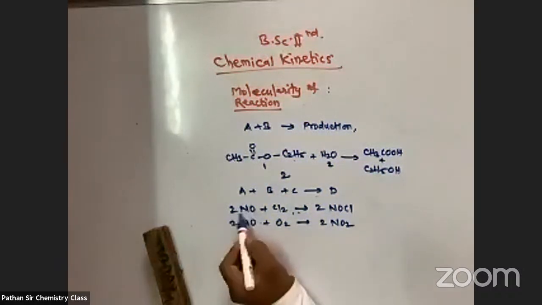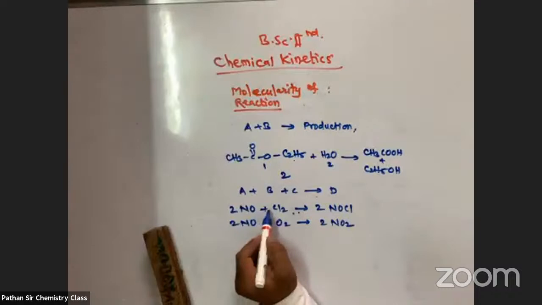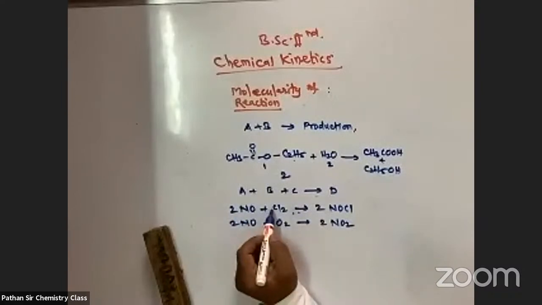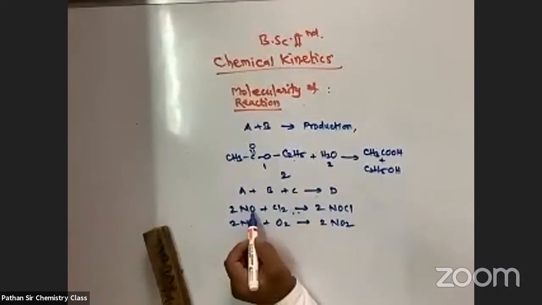Here 2 NO molecules, 1 chlorine, total 2 plus 1, 3 molecules are used. So the number of reacting species is 3. Therefore, the molecularity of this reaction is 3.